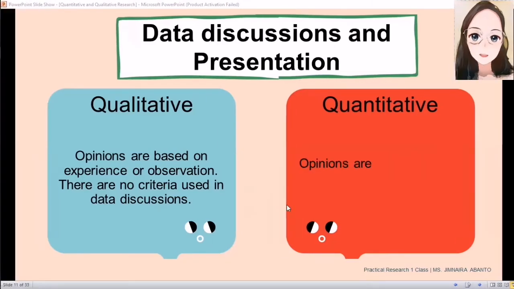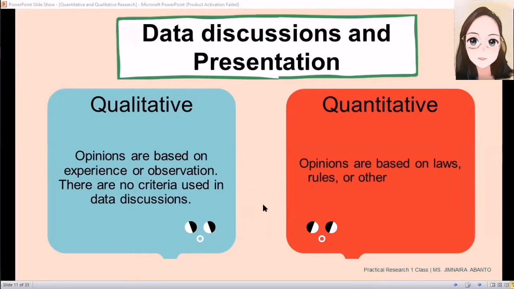In quantitative, opinions are based on laws, rules, or other recognized principles. In discussing the quantitative research data, inductive method is used if the researcher discusses first the indicators that receive the lowest and highest means before explaining the overall mean. If the researcher starts his discussion from the overall mean before going to the lowest and highest means, deductive method is employed.